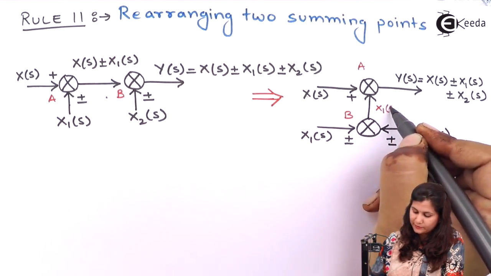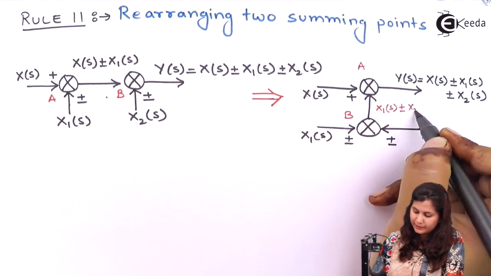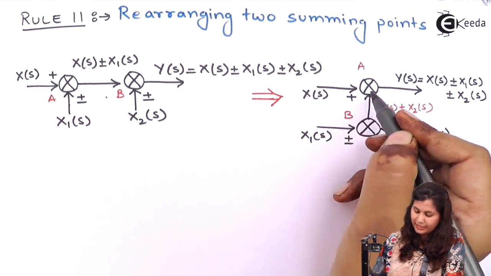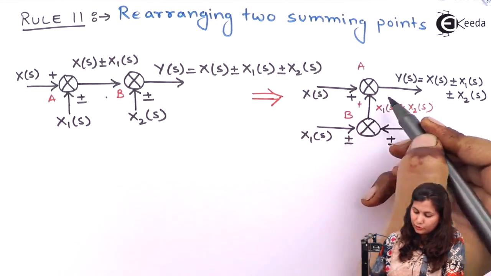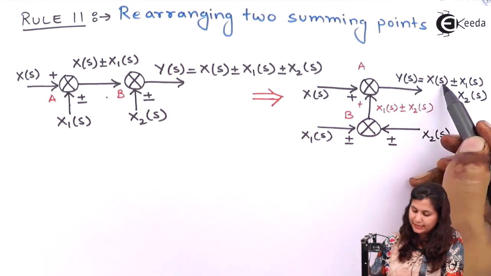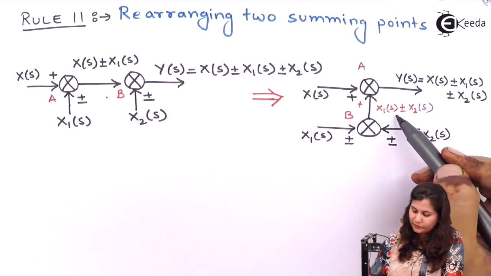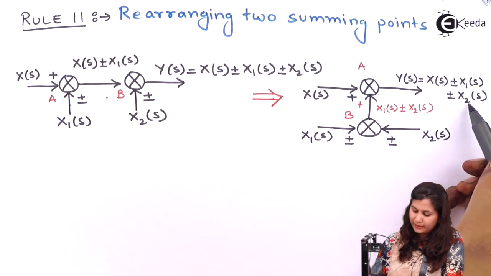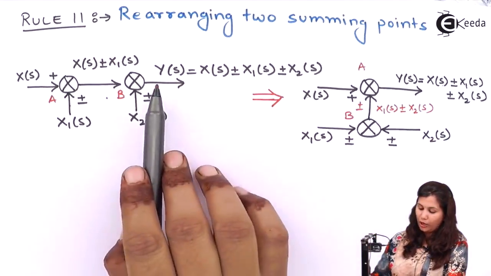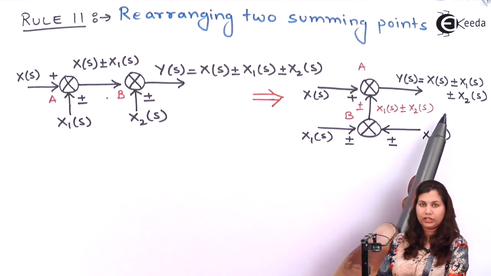The output is x1s plus minus x2s. And this input and this input, they are adding up. Okay, so we are getting the output as ys equal to xs plus minus x1s plus minus x2s. Here we are having plus minus sign. So the output remains the same in both the cases.